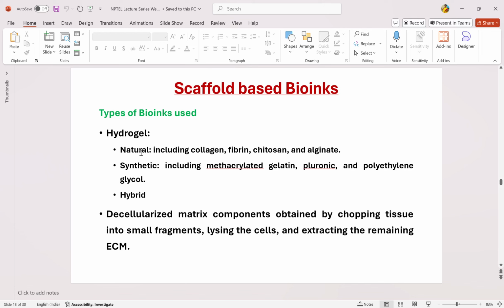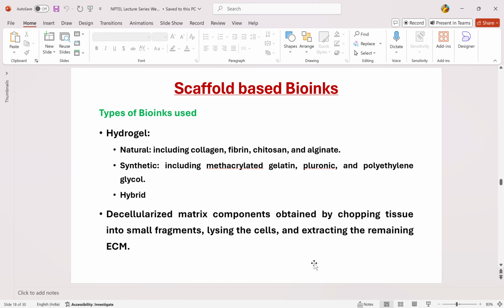Decellularized matrix components are obtained by chopping tissue into small fragments, lysing the cells and extracting the remaining ECM. So these can also be used as bioink.